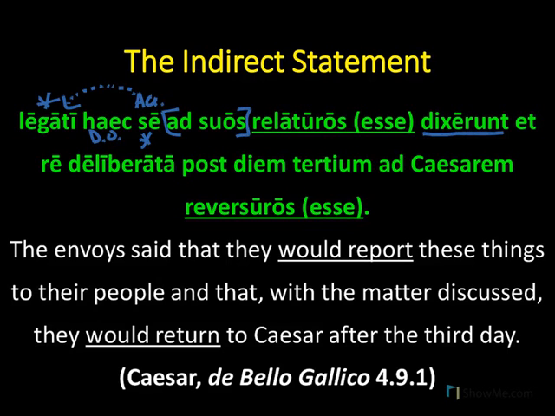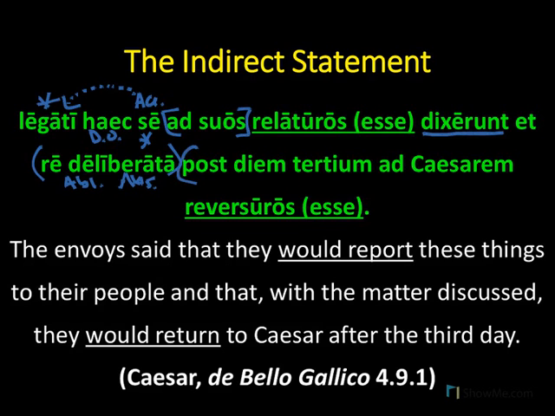Notice how the action of the indirect statement, with a future tense infinitive, the action of the reporting, happens later than the action of the main verb, the saying. And re deliberata, there's an ablative absolute, with the matter having been discussed.